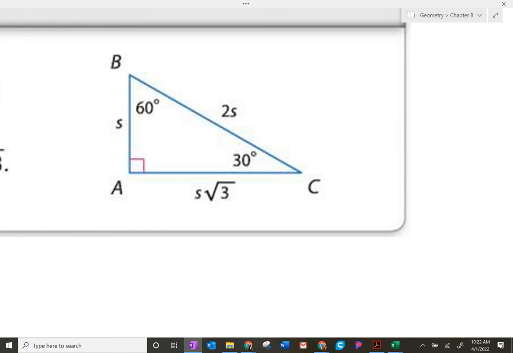I'll leave this one on the board. It's on the notes as well. But again, if you can find the one that is opposite of 30 degrees, that will be the letter that we get to use for the remaining 2 sides. So the goal for you, try to figure out this side, and the other 2 will fall into place really easily.